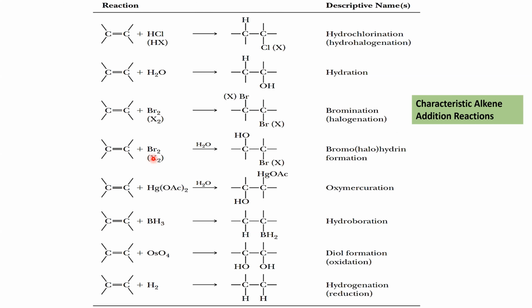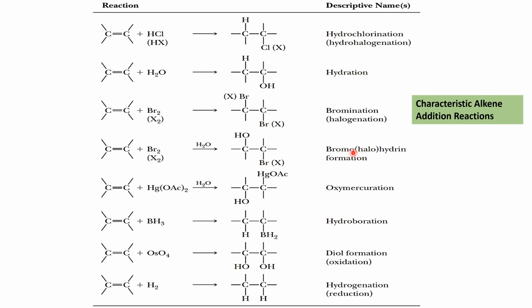Now the next is almost the same one, but now we have added an additional molecule here, and that is water, right? So we will see what kind of product forms when we combine the alkene with the halogen in the presence of water. Here that is the bromohydrin, so bromo is specific for this reaction.